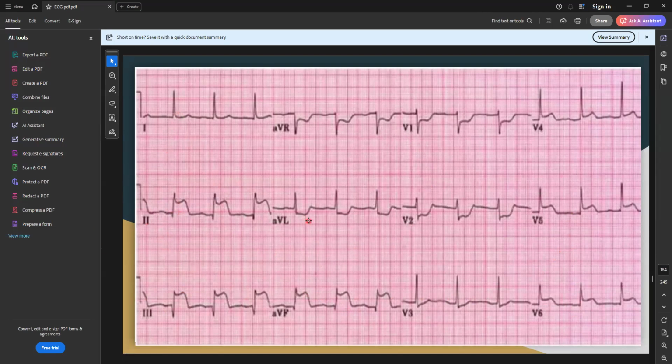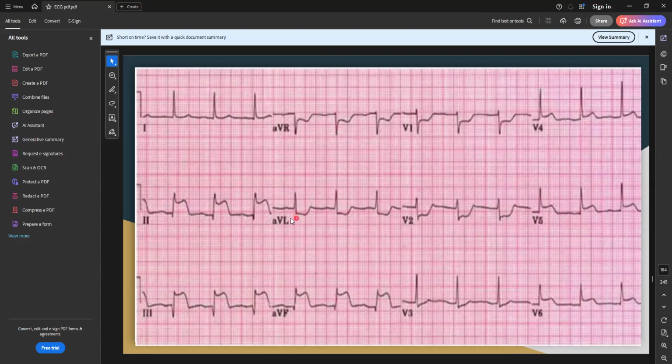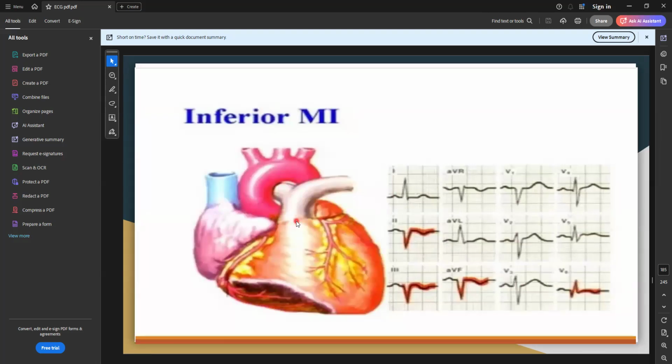You can see in AVL properly, and the lateral leads, this is the ST segment depression. Those are the reciprocal ST segment depression.